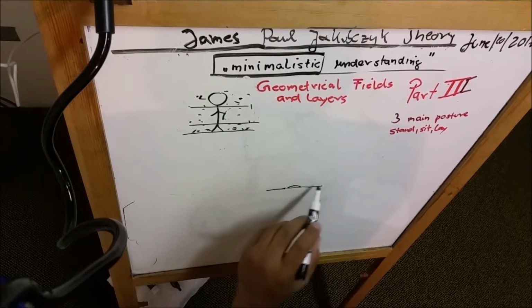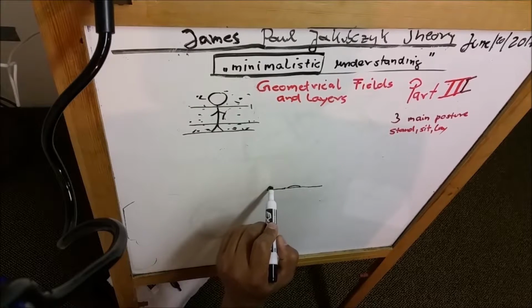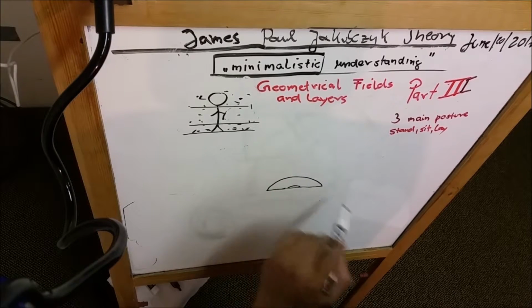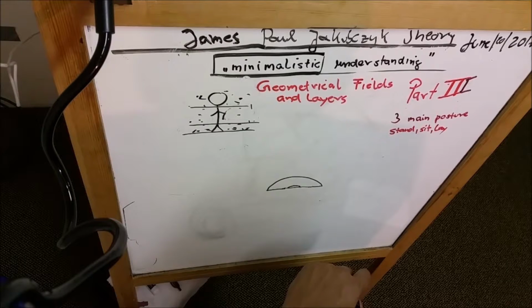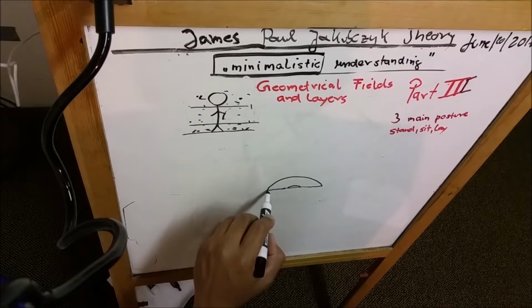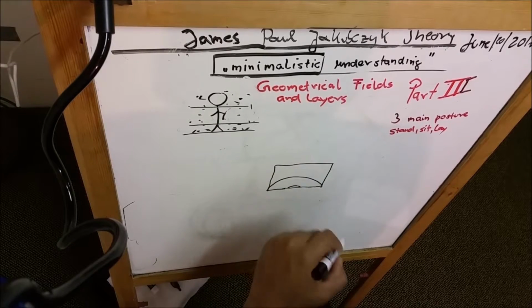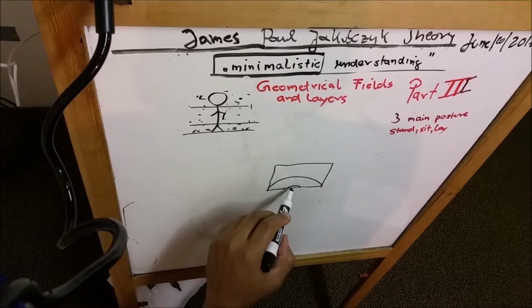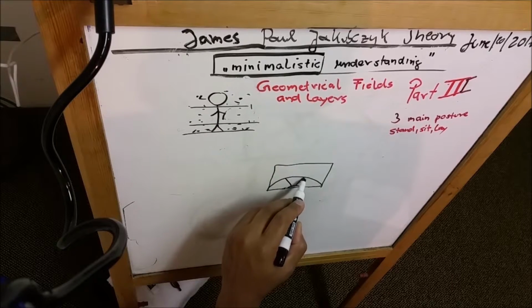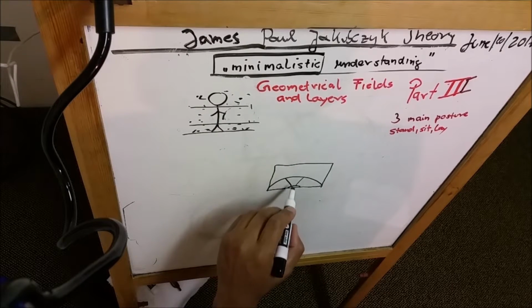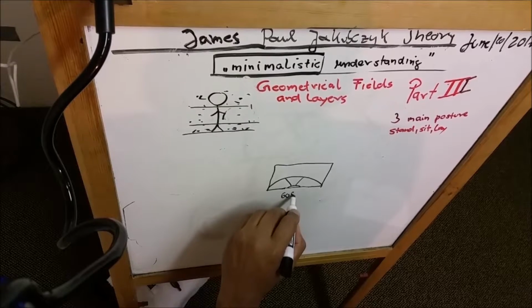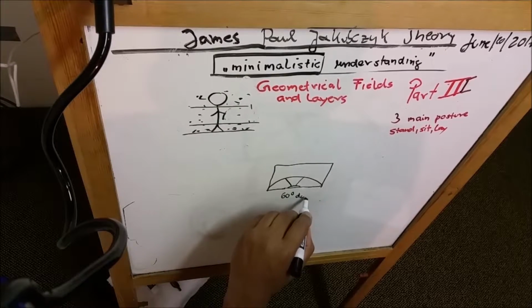Let's make it sunrise and sunset. And if we made a square around it, our cone of vision is about 60 degrees.